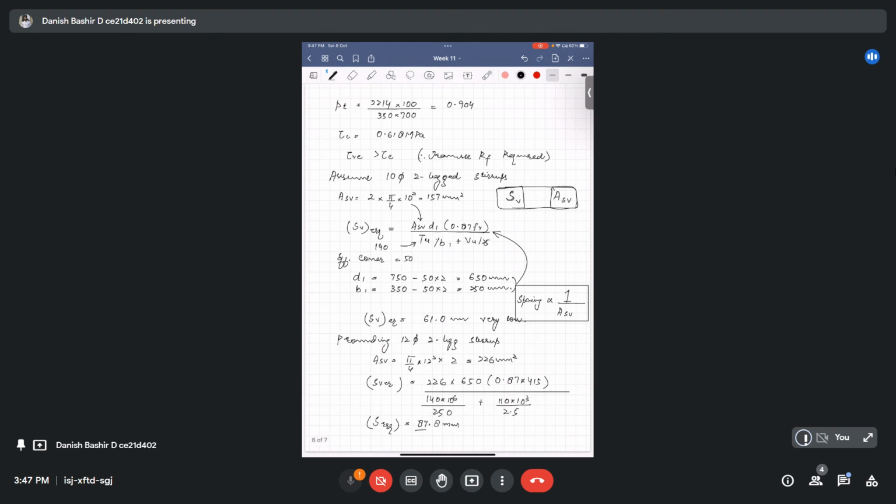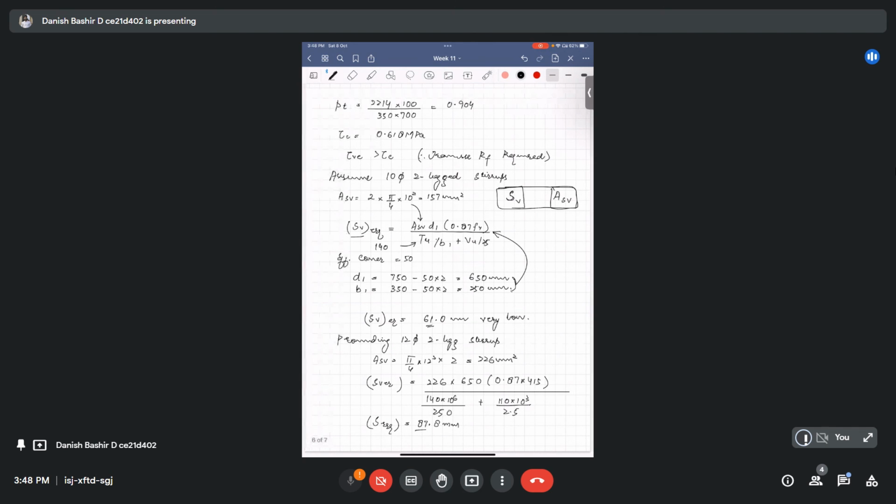Okay, sorry, I wrote it here wrong. Pardon me. I was thinking it differently. It's very low here. From the formula, you can see it yourself. Spacing required is directly proportional to the area of the stirrup. So I was having low area of the stirrup, which is why I was getting very low spacing.